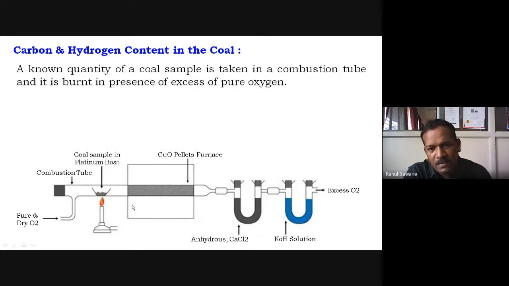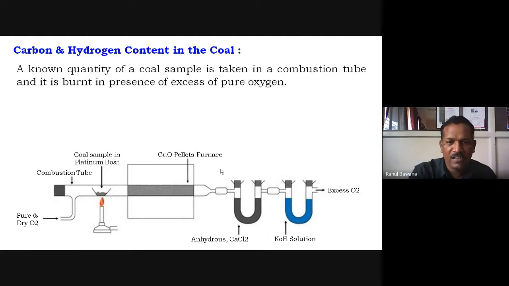For that there is one furnace having copper oxide pellets, and this copper oxide behaves like a promoter of the chemical reactions. So whatever carbon monoxide forms, when it passes through this furnace, it promotes the chemical reaction and the partially combusted carbon particles get converted into CO2, and that is complete combustion.